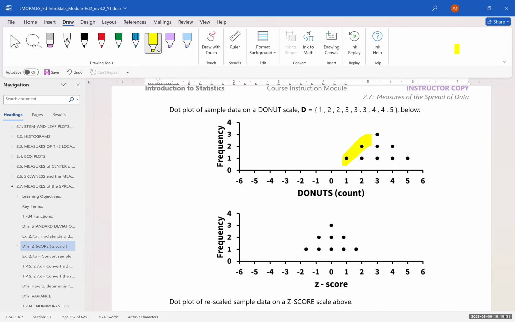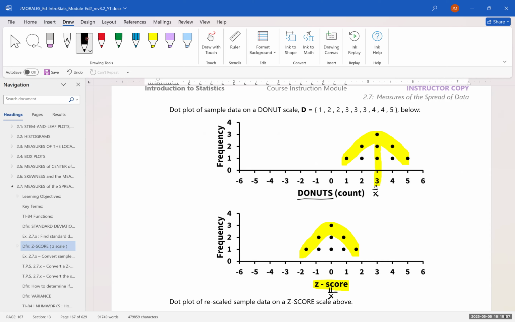This distribution shape here has the same distribution shape here on a z-score scale. But this measure of center with a sample mean of 3 on a donut scale becomes 0 on a z-score scale.